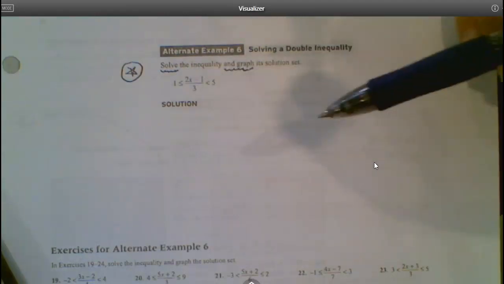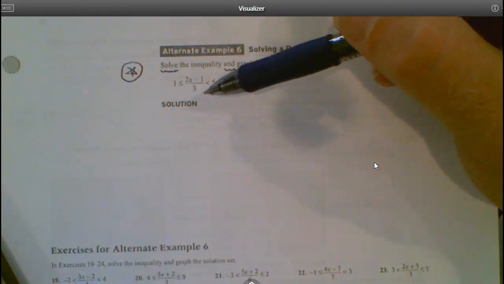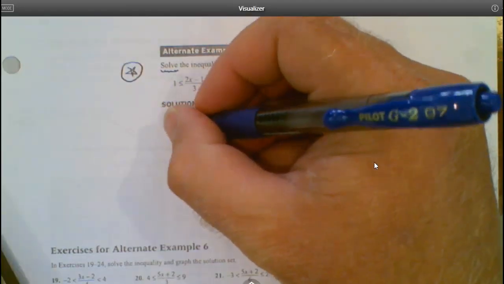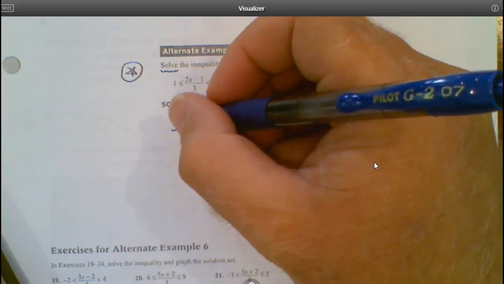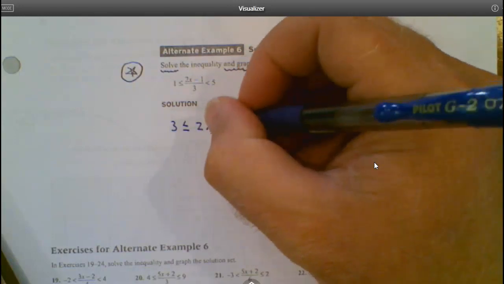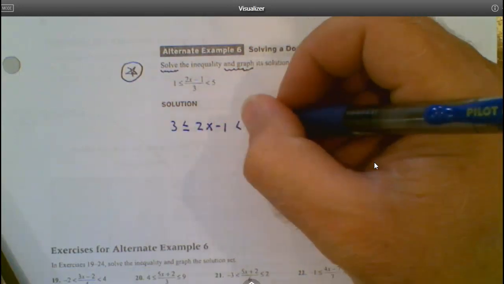Whatever we do, we simply do to both sides of the inequality. So first things first, we would want to multiply everything by 3 in order to get rid of our fraction here. So I'm going to multiply everything by 3.